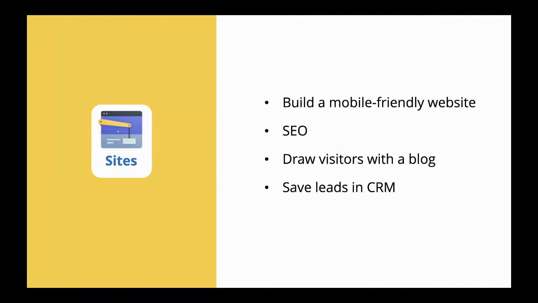And that's a really important thing here, is that these sites are mobile friendly. I think it's something like 60 or 70% or maybe more of people shop and search on their mobile now. So having a mobile friendly site is super important. You can also manage your SEO, which is your search engine optimization, which is basically the equivalent of having your brick and mortar store on a very busy street. So if your SEO is really well managed, you're going to get more people to your site.